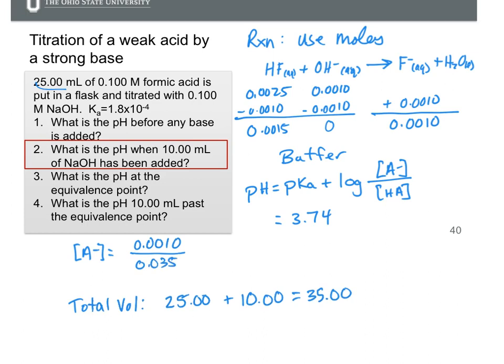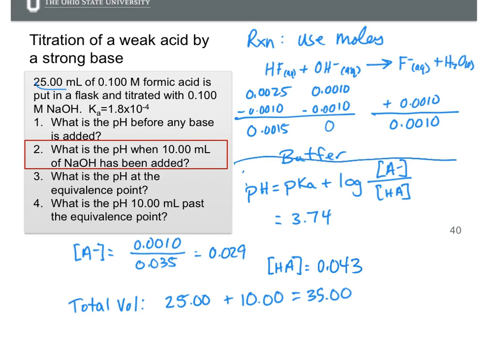And for A minus, I end up with 0.029. And for HA, I end up with 0.043. Skipping ahead there.